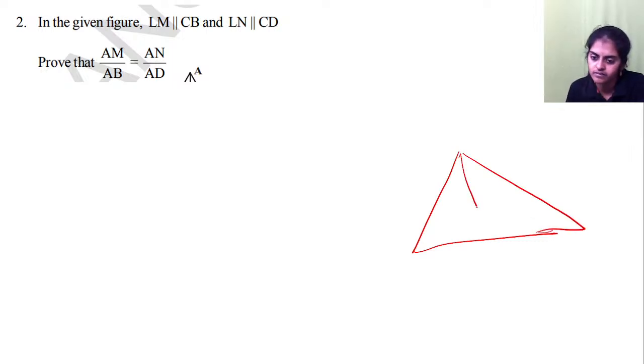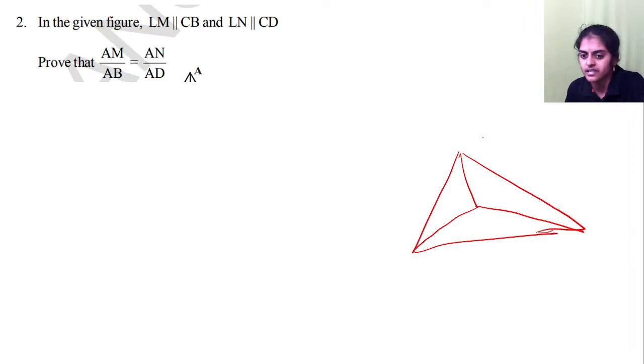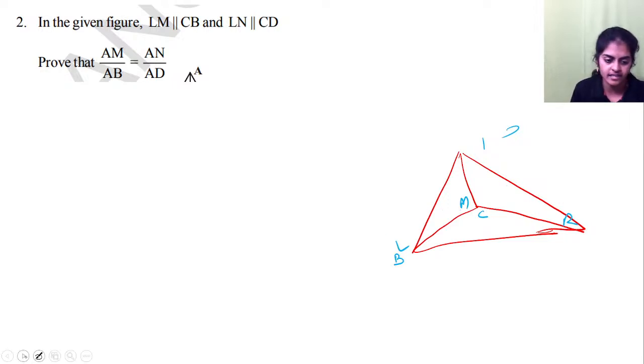Like this the figure is. So it is P, Q, R. In this it is given that LM is parallel to CB.